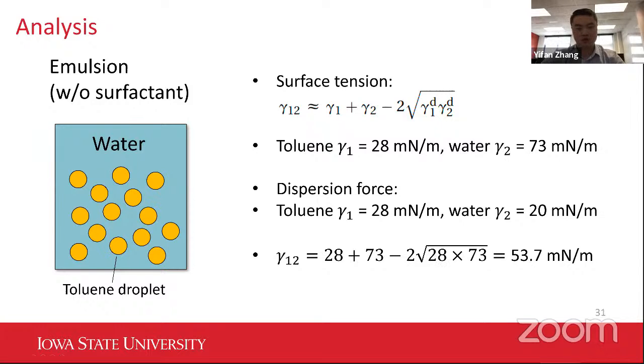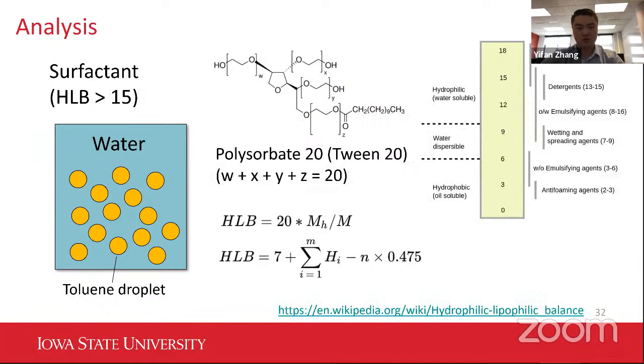To lower this surface tension, according to some literature, for the toluene water system, the HLB value, which is an abbreviation for hydrophilic lipophilic balance, should be more than 15.